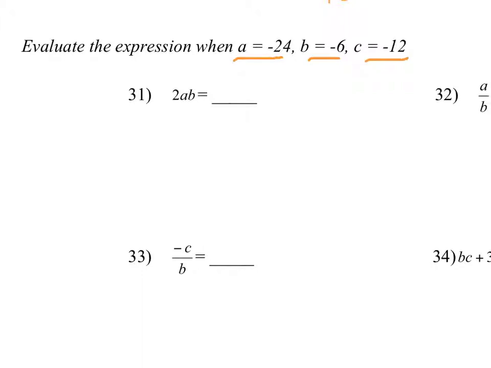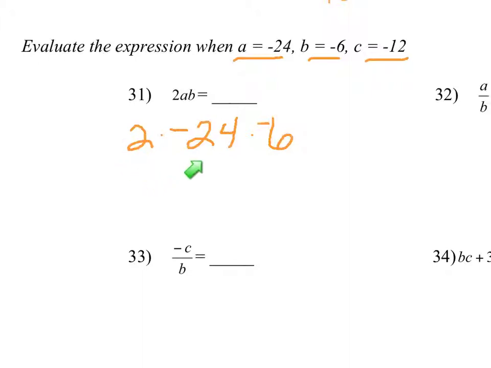So when I go to write this out, I'm going to have 2 dot, A has a value of negative 24, so negative 24, dot for multiplication, B was negative 6, so dot negative 6. So in this problem I have 2 times negative 24 times negative 6.